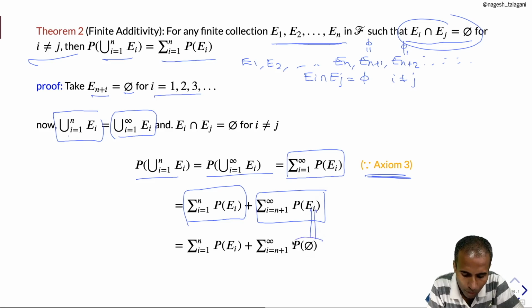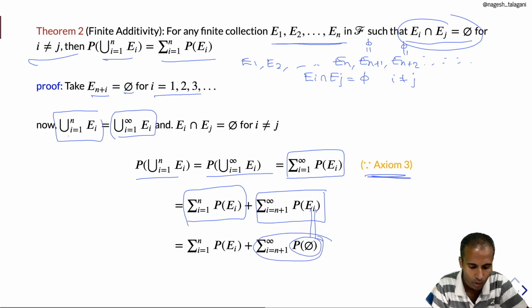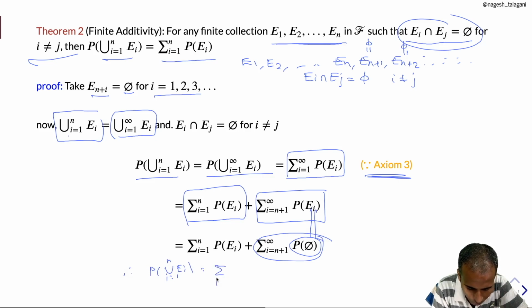But the probability of the empty event is 0 from theorem 1, so that whole summation is going to be 0. Therefore we end up with the probability of the union i equal to 1 to n of Ei equal to the summation i equal to 1 to n of the probability of Ei. This is called the finite additivity property.